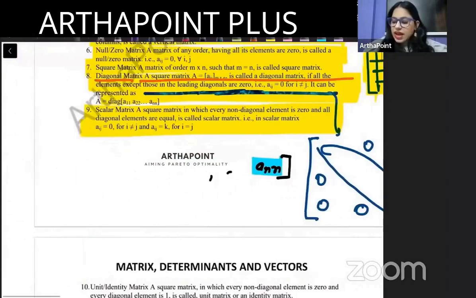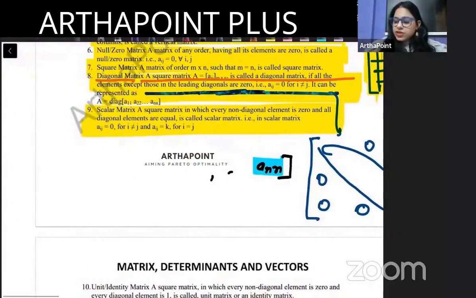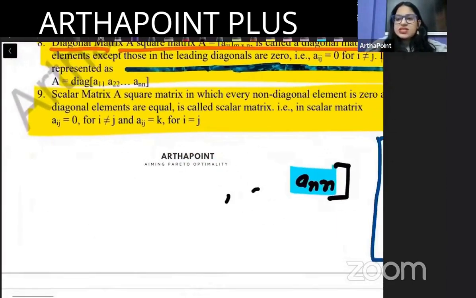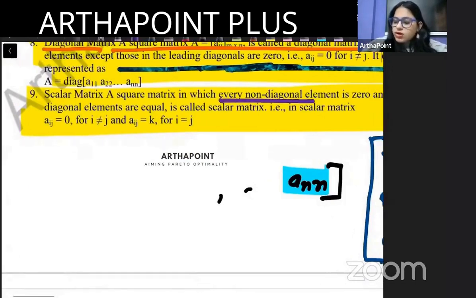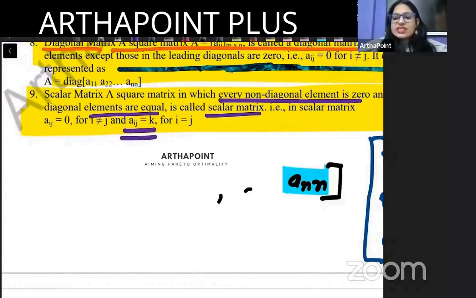So when I am talking about a scalar matrix, look carefully, what is a scalar matrix? Every non-diagonal element is 0, just like the identity matrix, and diagonal elements are equal. In the identity matrix they were all 1; here they are all equal. It is a scalar matrix, where aij should be equal to k. It is not necessary that aij be 1.